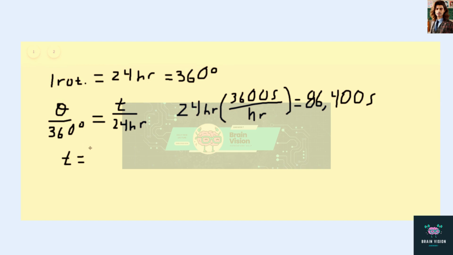So t is equal to theta over 360 degrees multiplied by our 86,400 seconds.